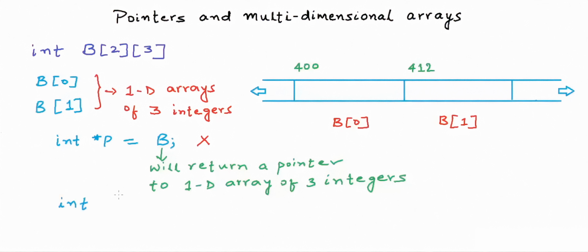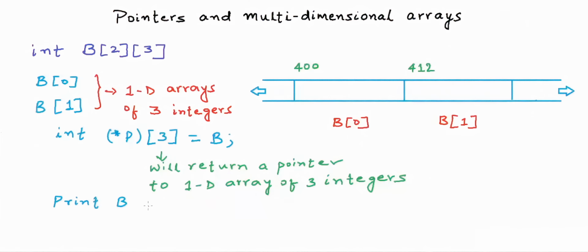We can define a pointer to 1D array of 3 integers like this. And now if I'll equate this with B, this is alright. Equate B with p. This time if I would print just p, which is same as printing address of B0, this will be 400.